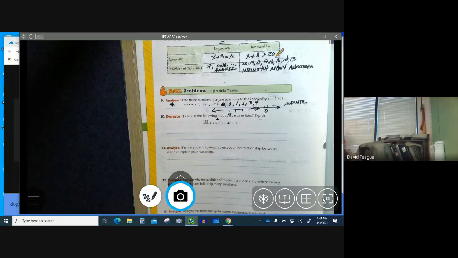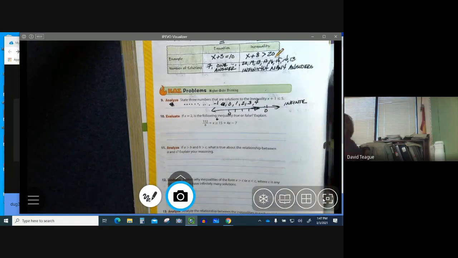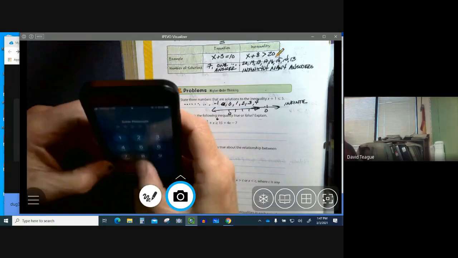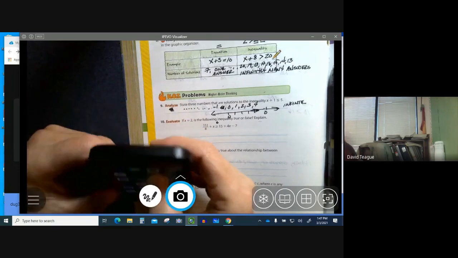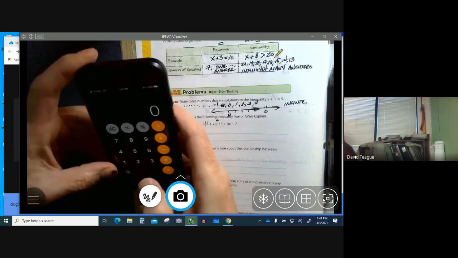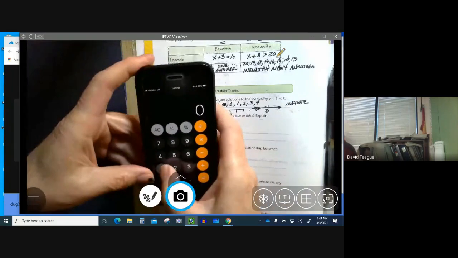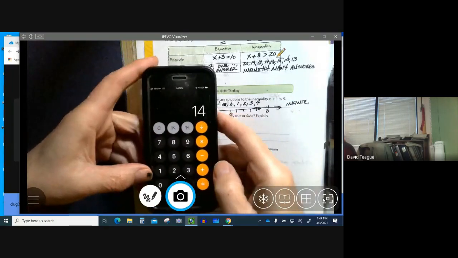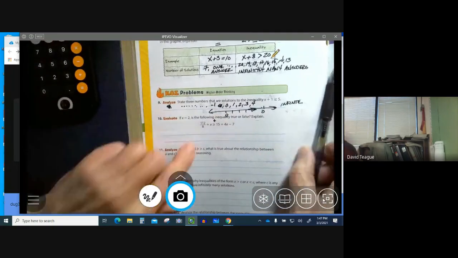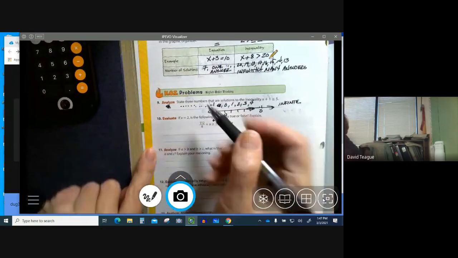Do you think 8 divides into 112 evenly? Well, 112 ends in a 2. That means it's an even number. 8 is an even number. So that tells me by the divisibility rules that it should work. So let's see. 112 divided by 8 equals 14.